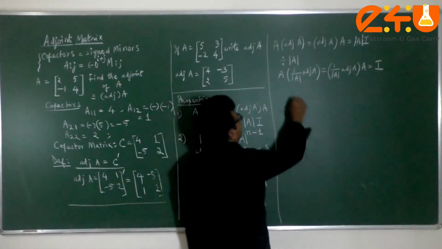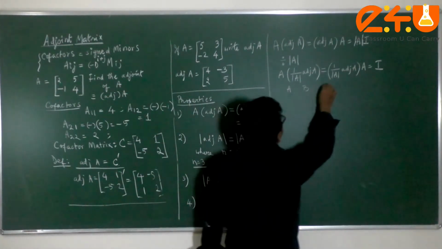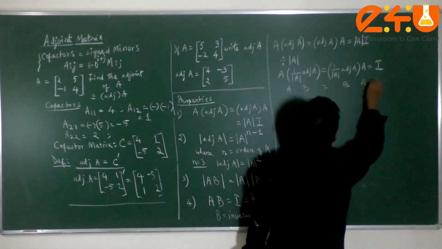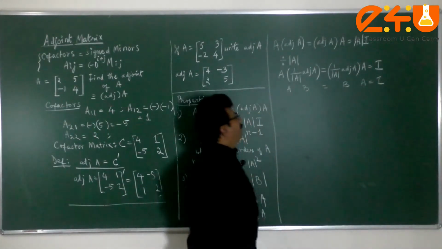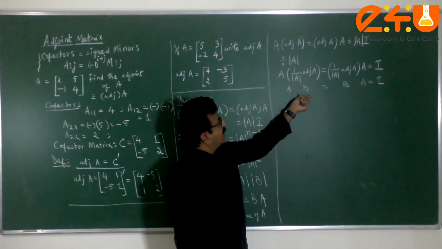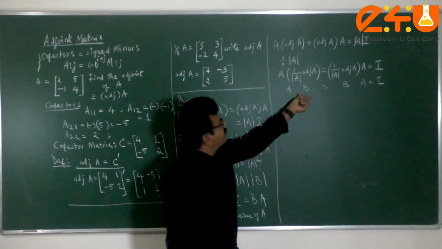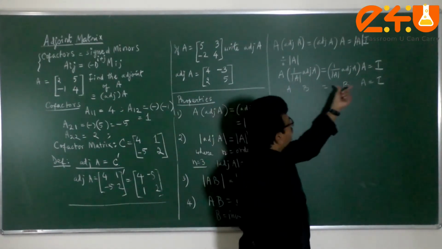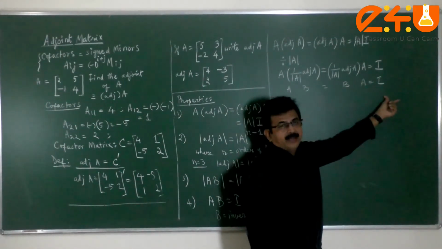You can easily see when this will be true. When this will be true, if I consider 1 by mod A of adjoint A as replacing B matrix, AB is same as BA is equal to I matrix.